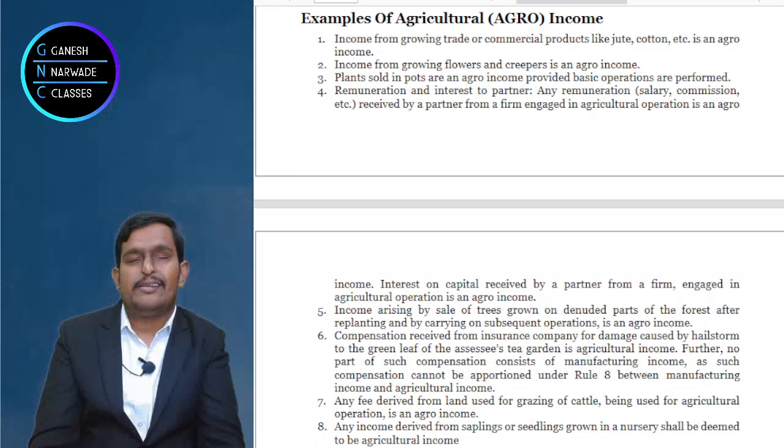Sometimes what happens, and after Narendra Modi's government this has grown a lot, that agricultural insurance, crop insurance has come into the picture.